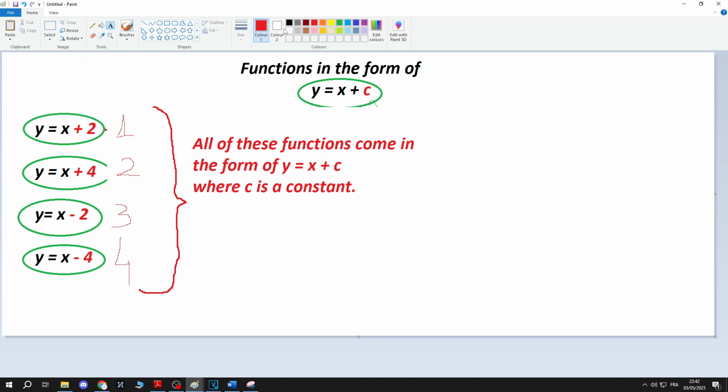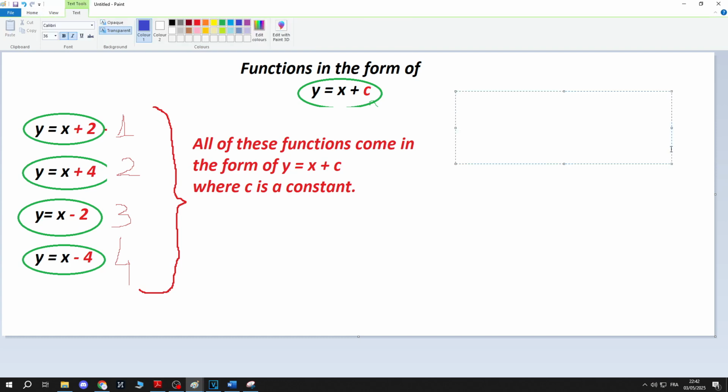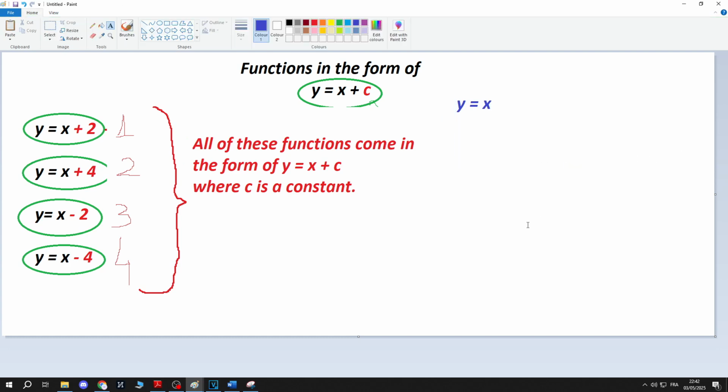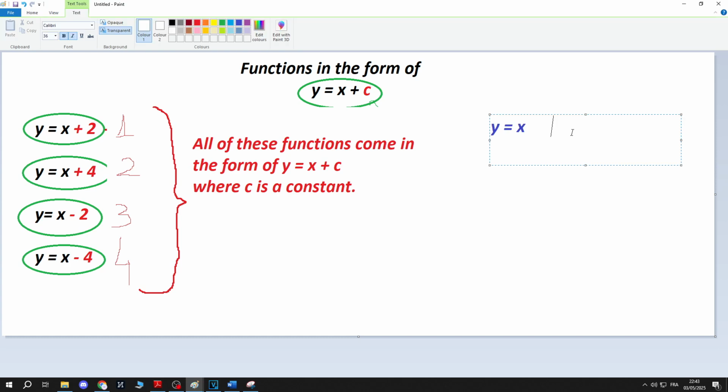But then, let's learn something extra together. How about this? Y equals x, and that's it. What do we do then? Y equals x. Is this really in the form y equals x plus c? Is y equals x a linear function?